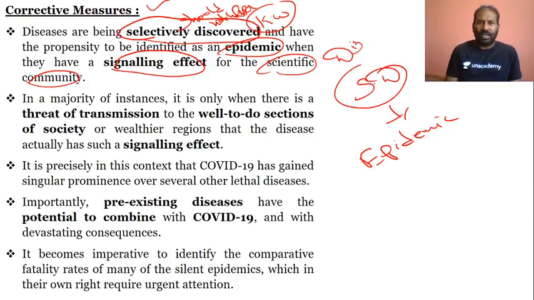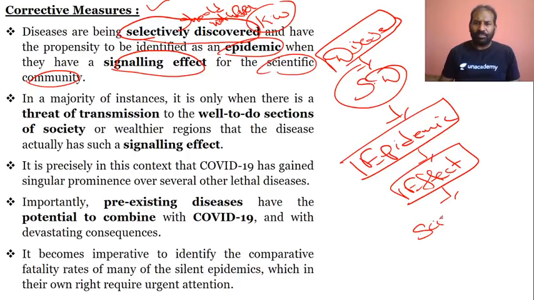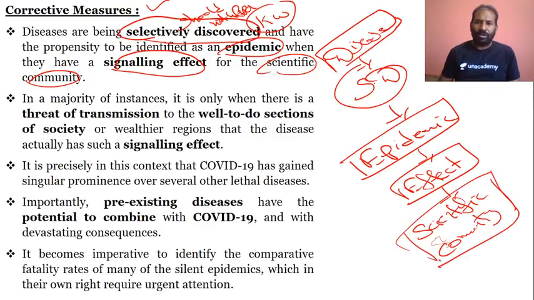So I'm just going through the flowchart. Diseases are selectively discovered, and then they are identified as an epidemic only when there is an effect, and on whom? On the scientific community. Or else when there is an effect on the well-to-do section, or rich people, as Janavi is talking about.